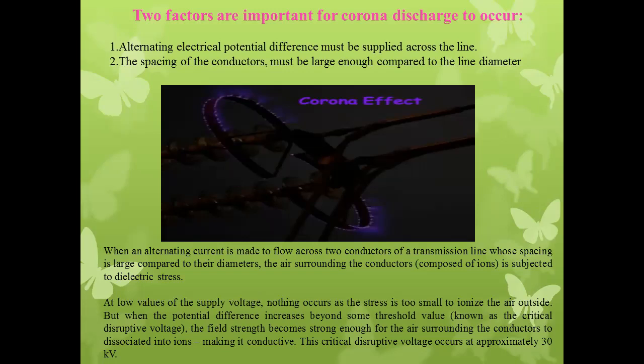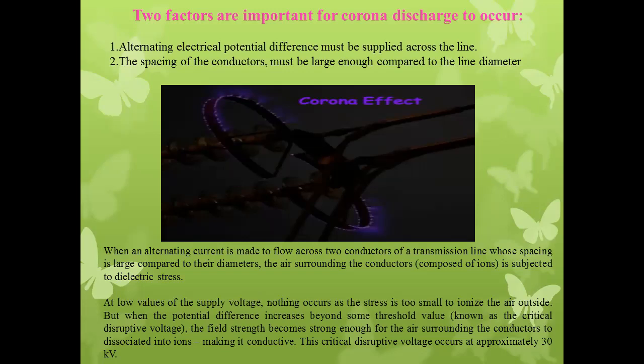Corona discharge is affected by a number of factors. Two important things are required in order to produce the corona. First, an alternating electrical potential difference must be supplied across the line. Second, the spacing of conductors must be large enough compared to the line diameter.